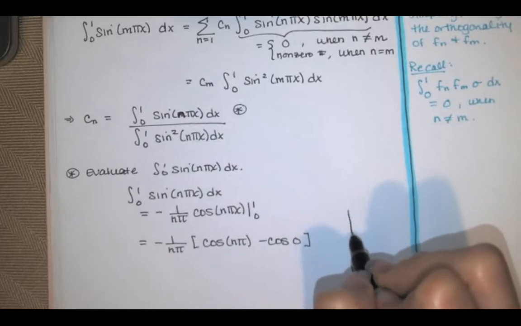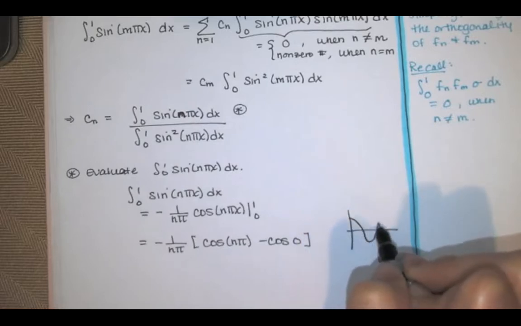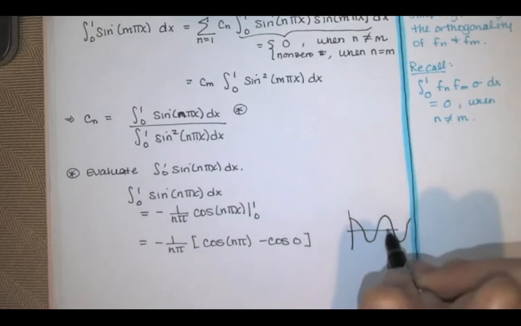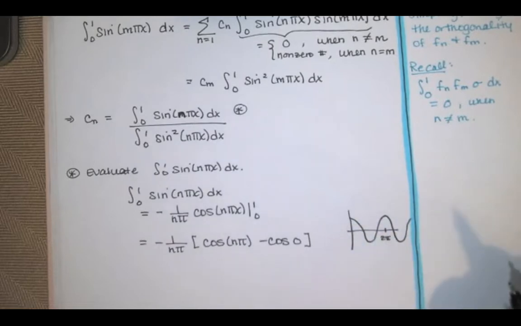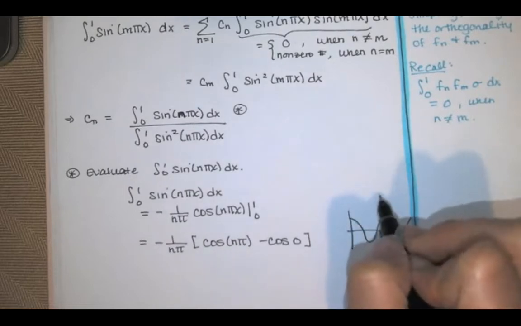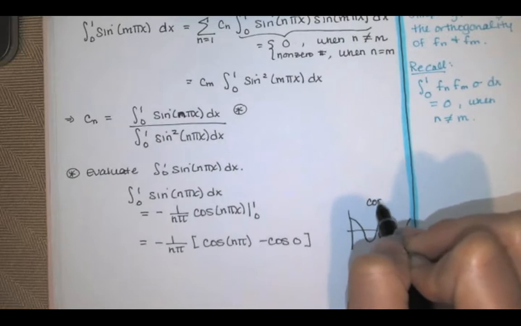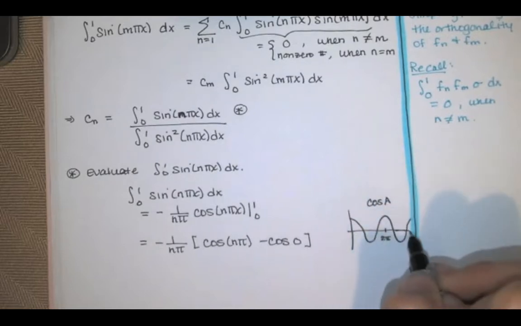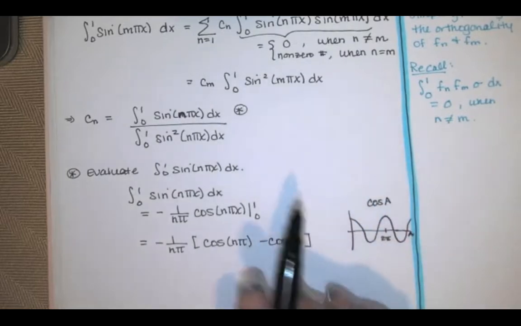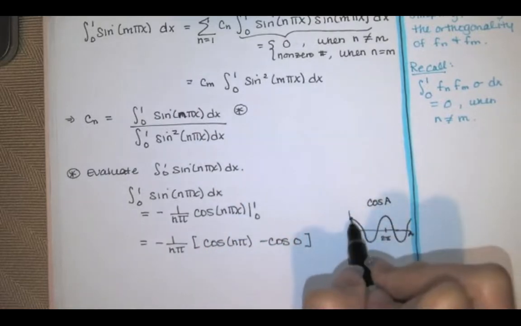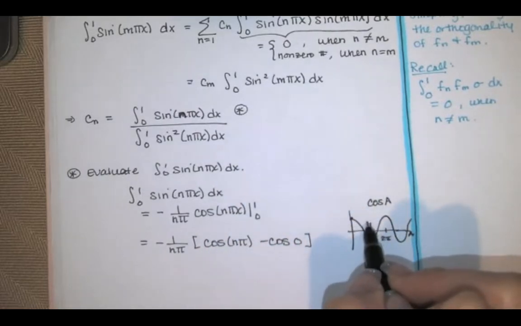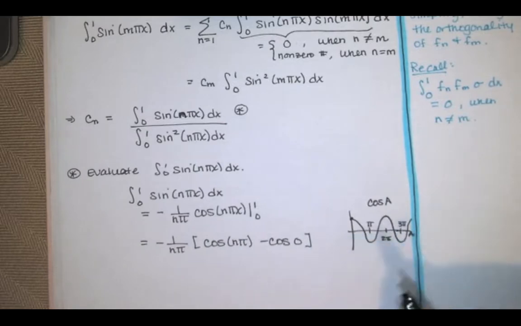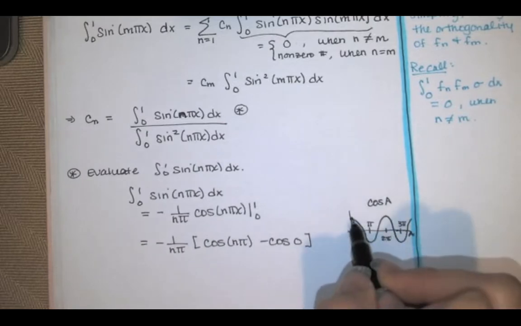And then I want you to recall, remember cosine looks like this. Cosine of some angle looks like this, where my angle is on the axis there. When that angle is 0, we get 1.